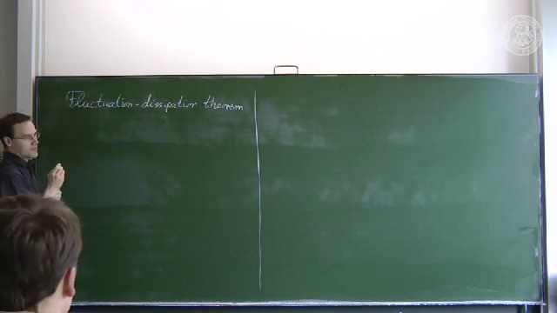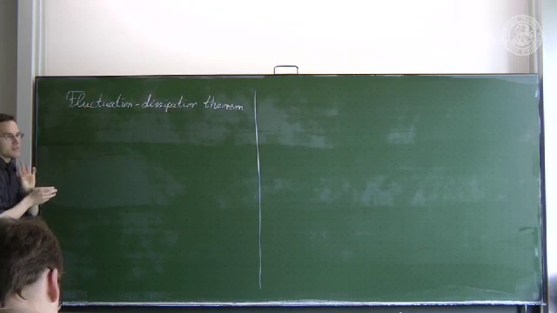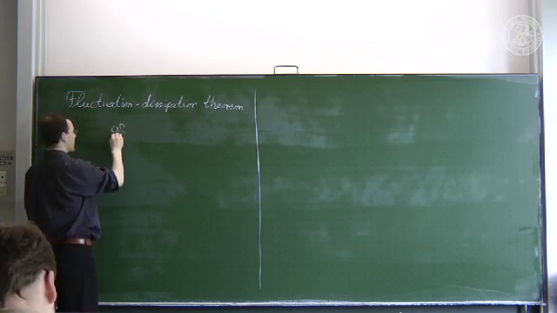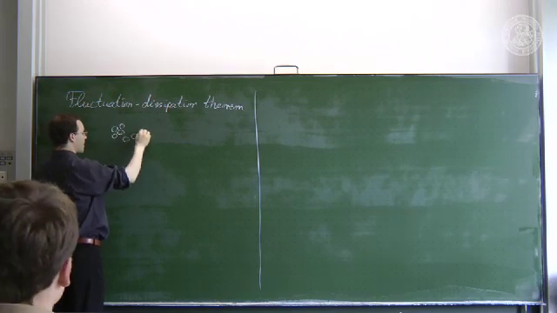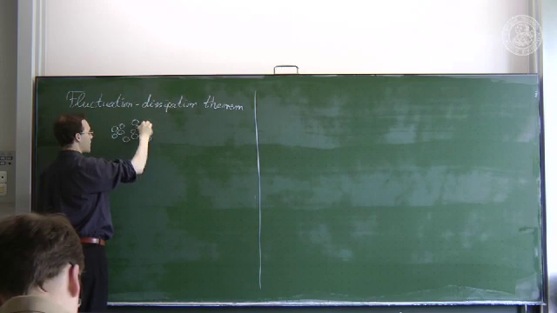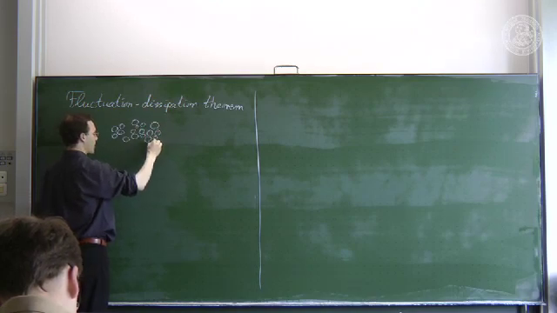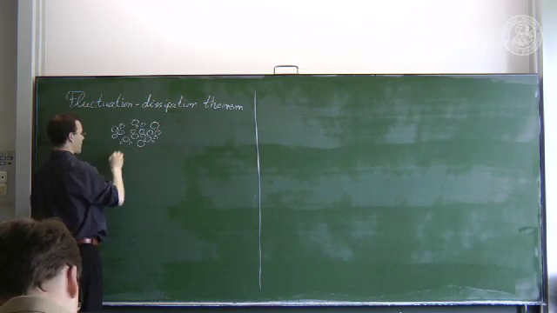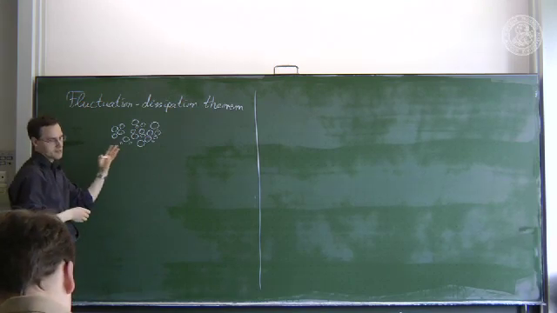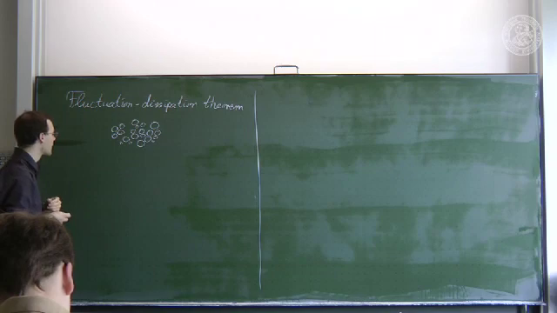Imagine you have an extremely complicated interacting many-body system, say many particles in a liquid that interact with each other. It will be very difficult in detail to describe their motion.